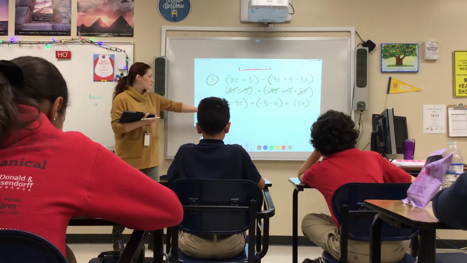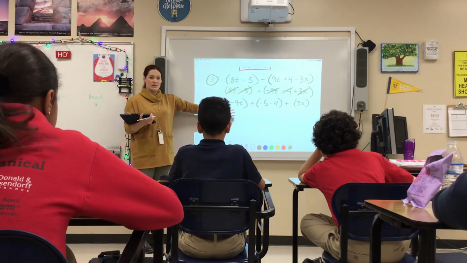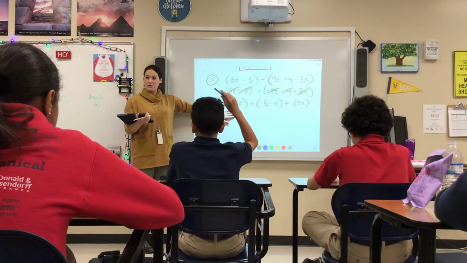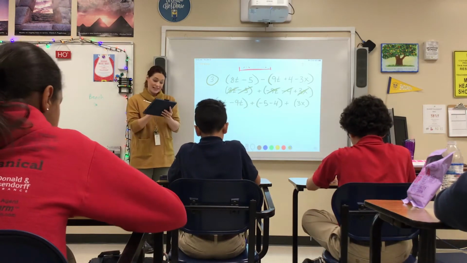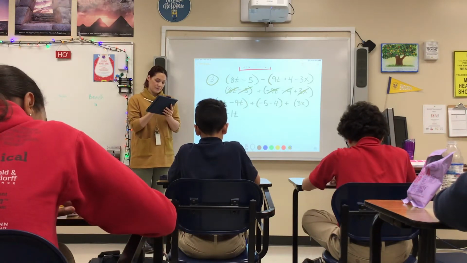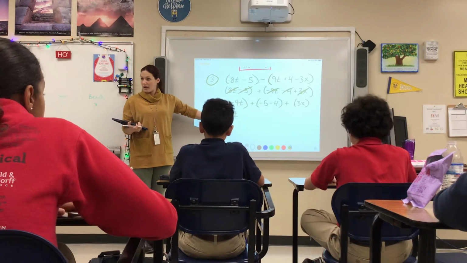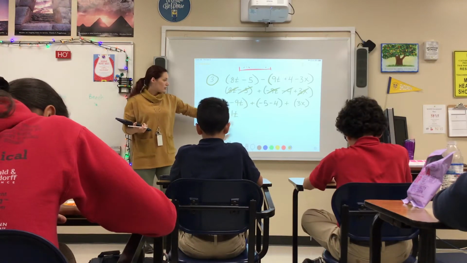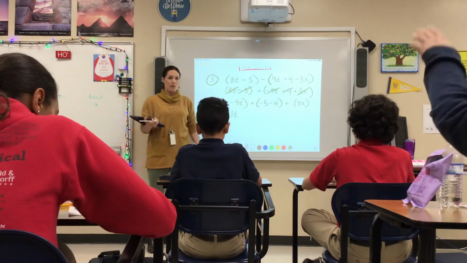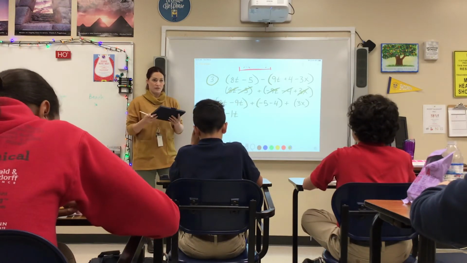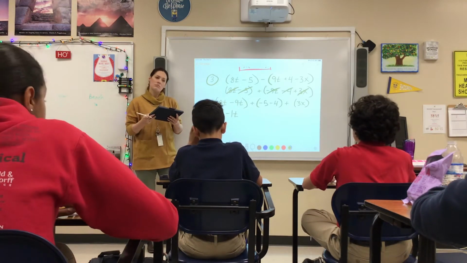So what is the t variable? What is this one? 8t minus 9t. Carolyn? -1. -1t? What about the numbers? -5 minus 4. Jace? Would it be x? Or would it be a 1?